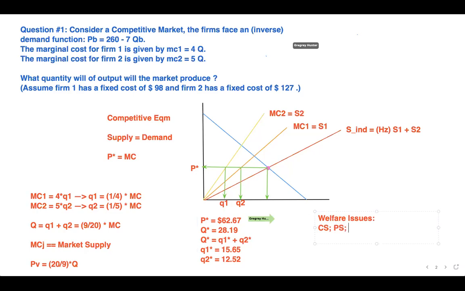We're interested in total surplus, which again goes by the name of net social benefit. We also haven't talked about the profits for firm 1 and firm 2, which are closely related to producer surplus, but they're not exactly the same thing, right?